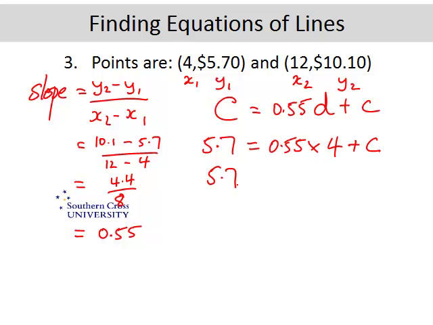So 5.7 is equal to 1.1. That doesn't sound correct. 0.55 times by 4 is 2.2 plus c.